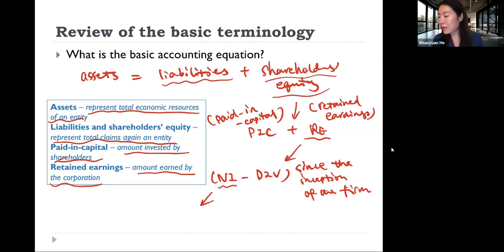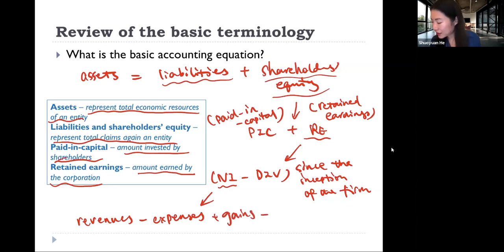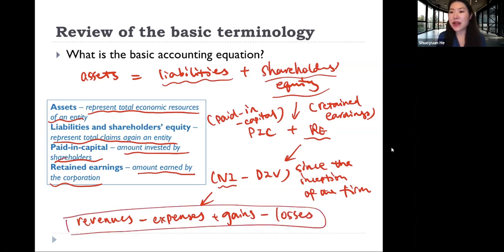But net income every period is revenue minus expense plus gains minus losses. And this is for every period.